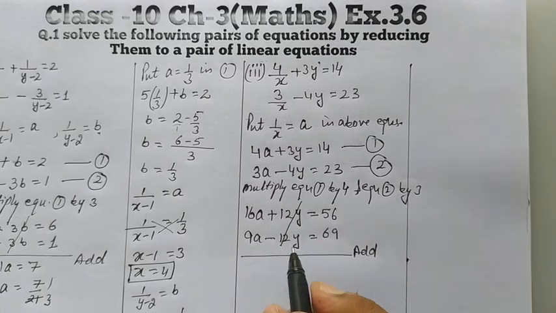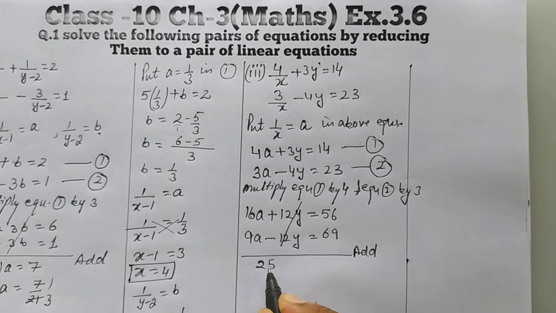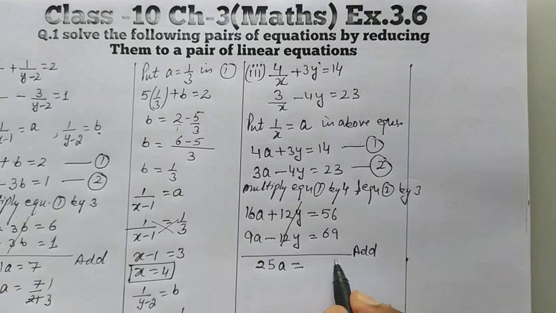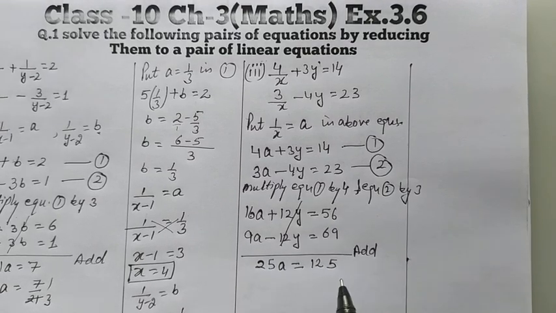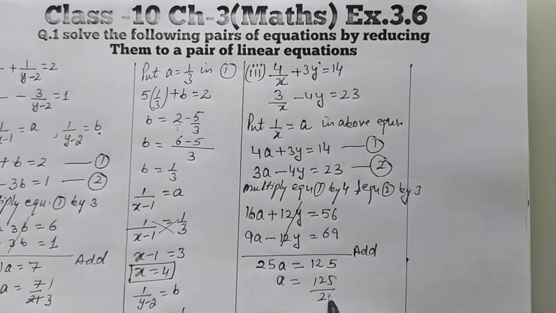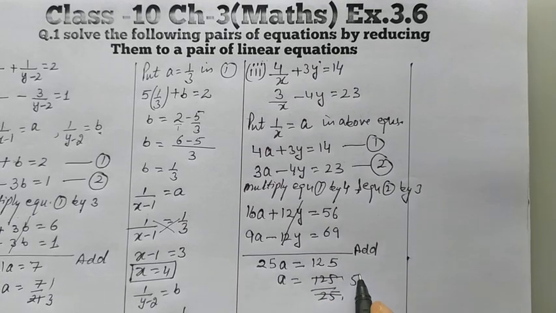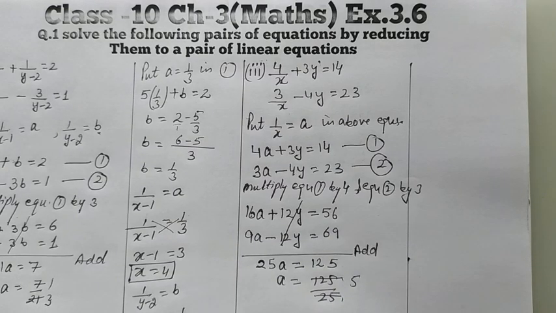So this will be cancelled. 16a plus 9a is 25a is equal to, if we add these two, we'll get 125. So a is 125 over 25, that is 25 5s are 125, so a is 5 here.